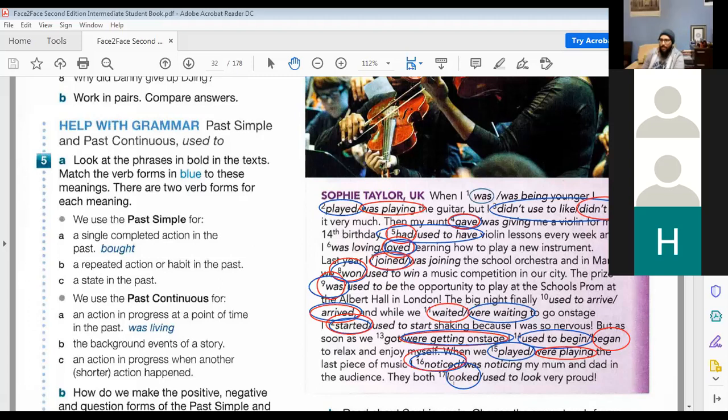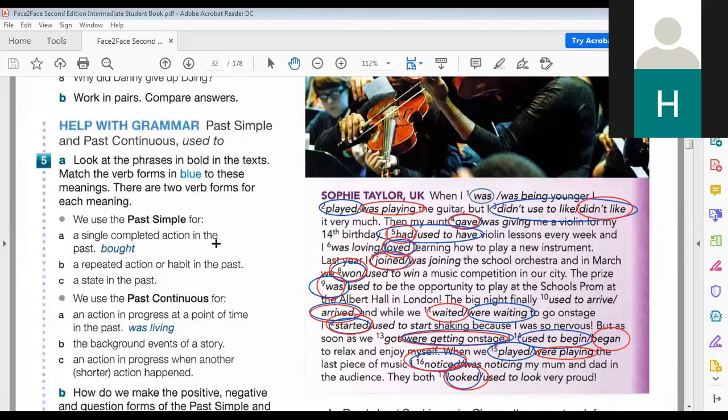Let's see Malak's opinion. What do you think? Malak, you're the teacher, and now you will correct Hajar and Sana. So Hajar's answers are blue, and Sana's answers are red. I think yes, like Hajar, "we were waiting to go on stage."